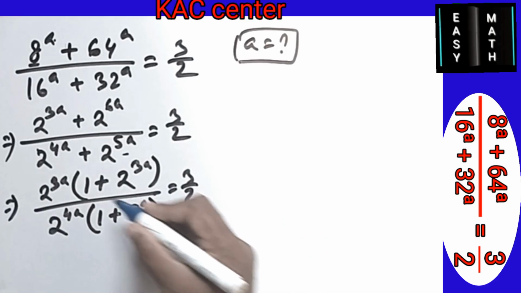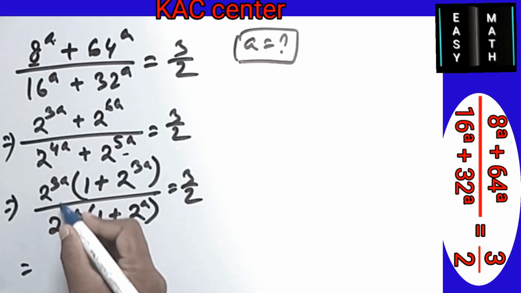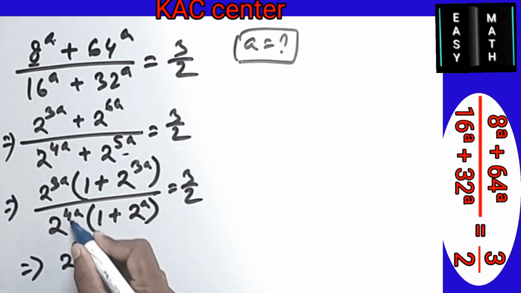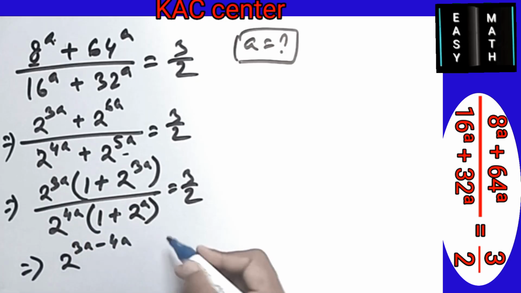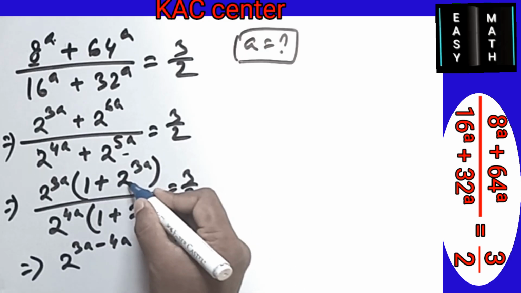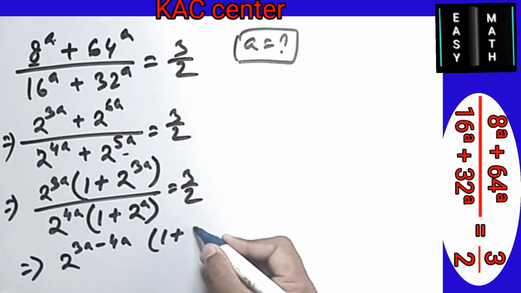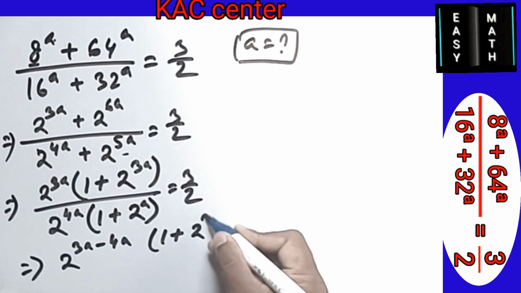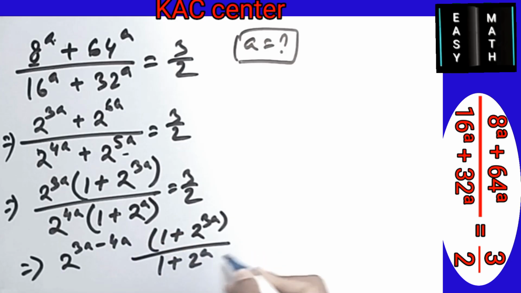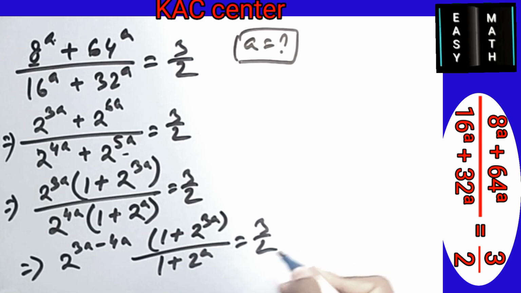So there is 2 to the power 3a minus 2 to the power 4a, and 1 plus 2 to the power 3a, and 1 plus 2 to the power a is equal to 3 by 2.